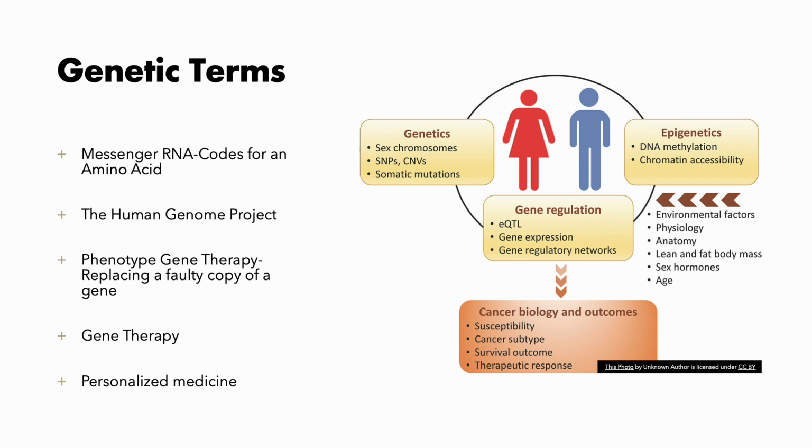The genome is a complete set of DNA. A phenotype is the observable characteristic of a specific trait that is connected to the genetic contributions to that trait. For example, a fast metabolizer of the CYP450 2D6 medications. Gene therapy involves replacing a faulty copy of a gene with a healthy copy of the same gene. Personalized medicine is healthcare based on genetic variability.